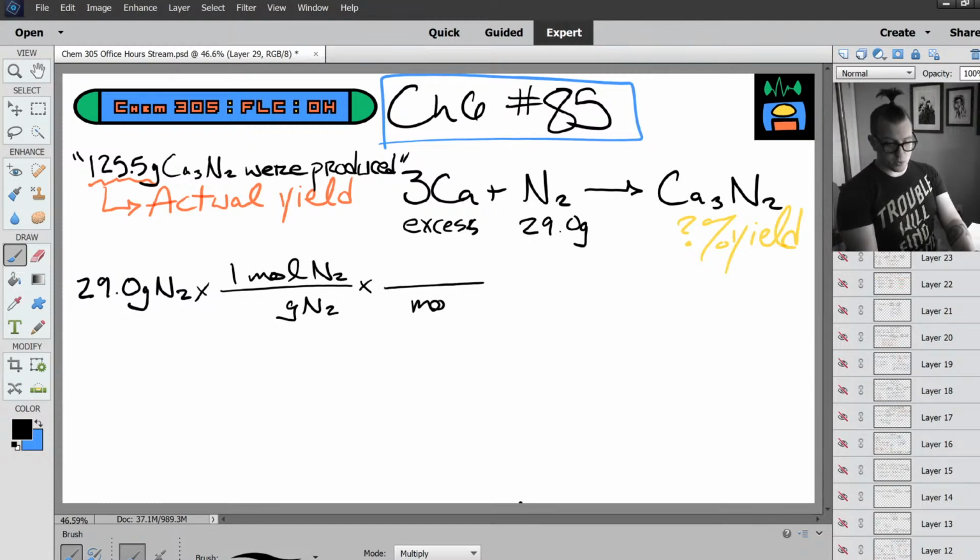Next, we convert moles of N2 to moles of calcium nitride. Finally, we convert moles of calcium nitride to grams.